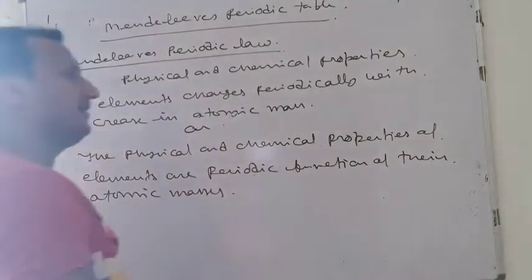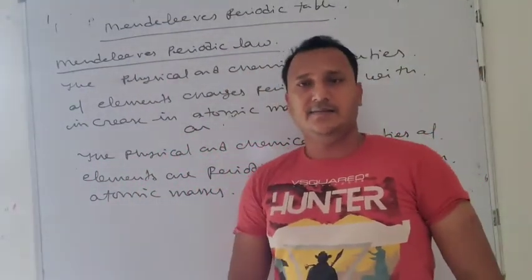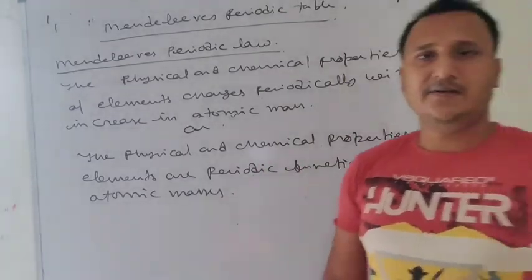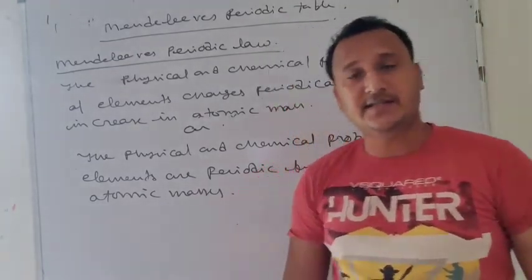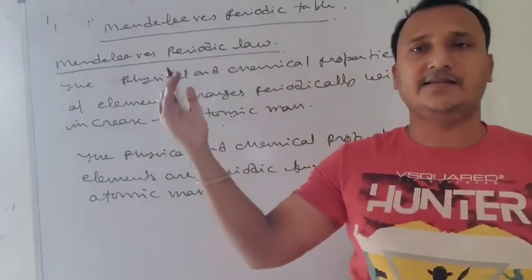That means the physical and chemical properties of elements are a periodic function of their atomic masses. Or you can say the physical and chemical properties of elements change periodically with the increasing atomic mass.